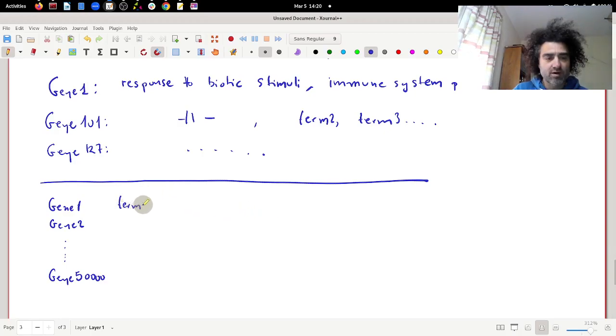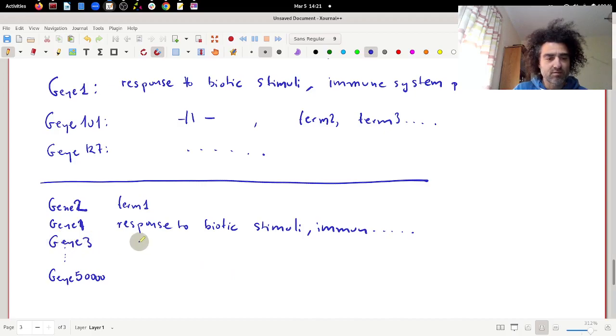For example, since this is gene 1, term 1 might be response to biotic stimuli, and for gene 2, immune, and so on.